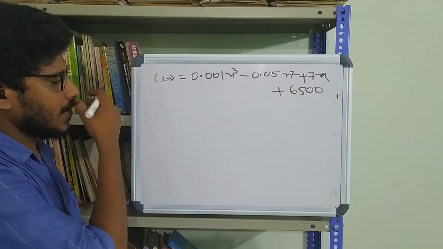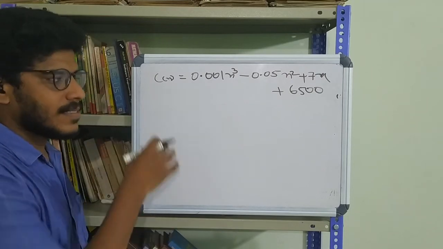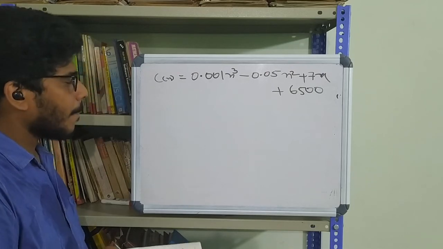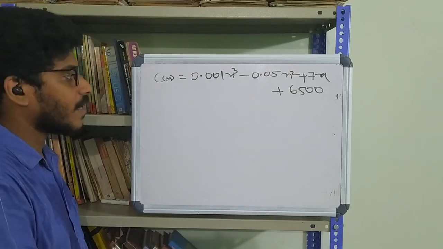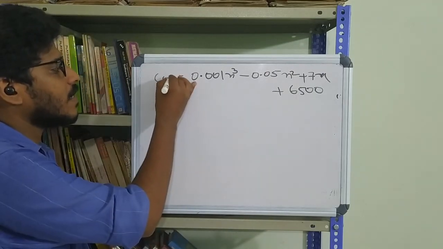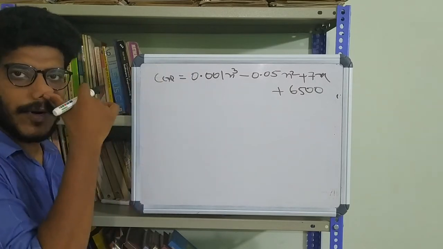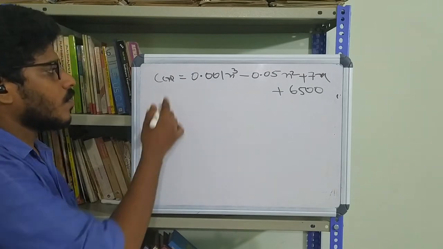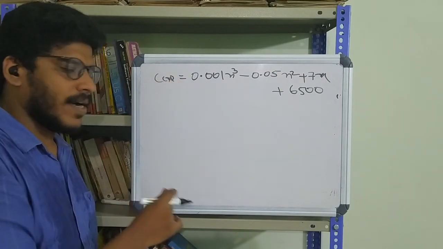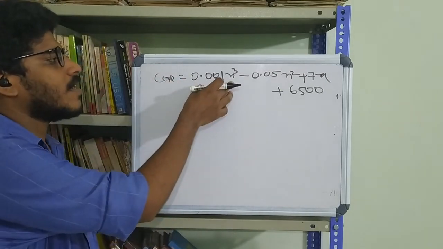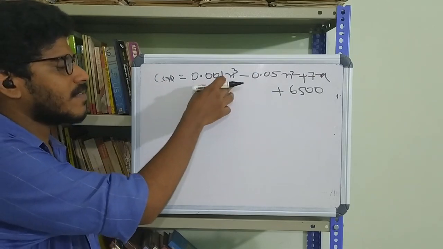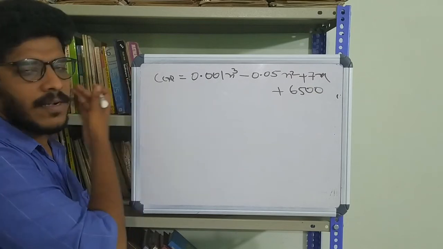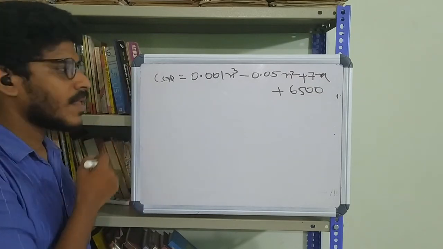This may look like a crazy function, but it still depicts the cost function of a company where x is the number of products produced. If you give x equal to 1, this will give the cost of producing 1 unit, and if you give x equal to 10, this will give the cost of producing 10 units.